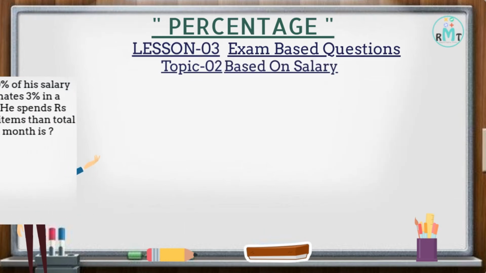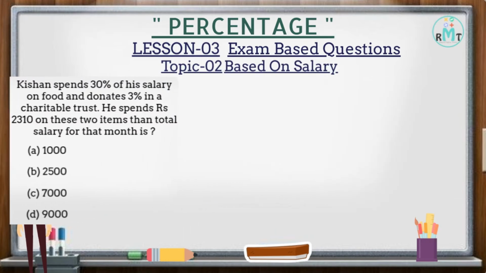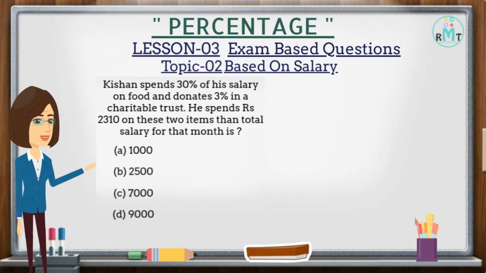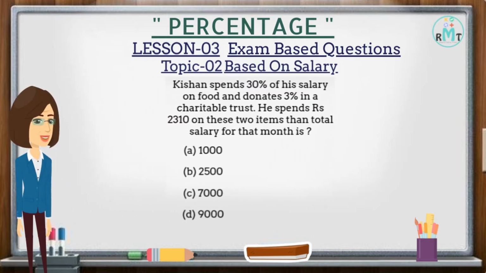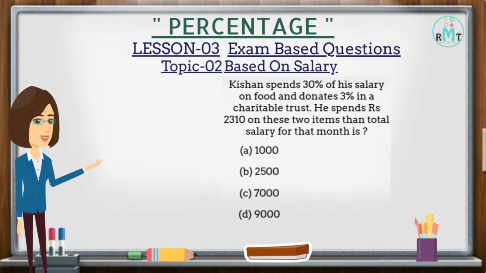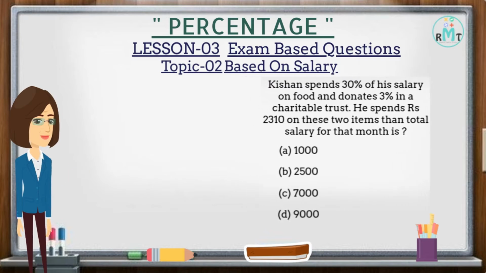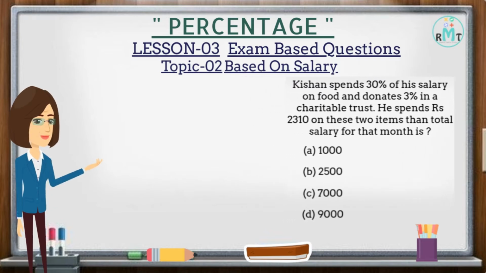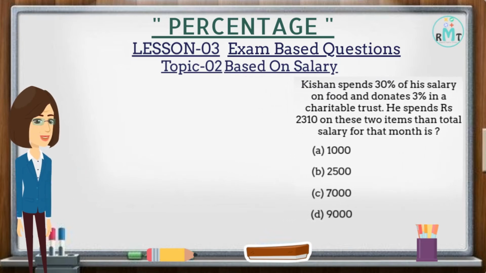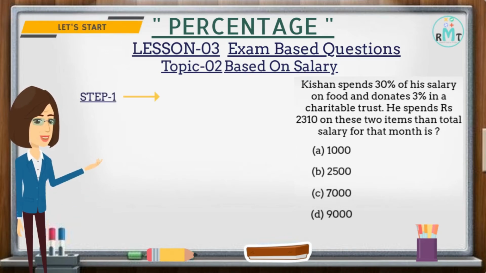Problem 1. Kishan spends 30% of his salary on food and donates 3% to a charitable trust. He spends Rs 2,310 on these two items. Then the total salary for that month is? Let's start. Step 1. Let us assume the salary of Kishan to be 100%.